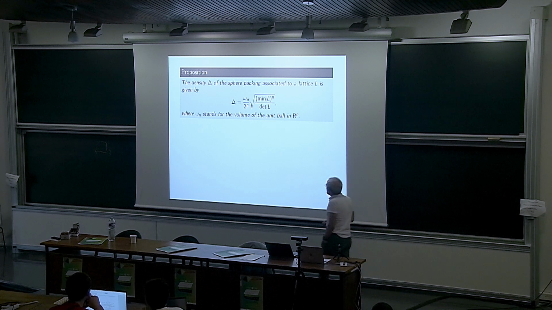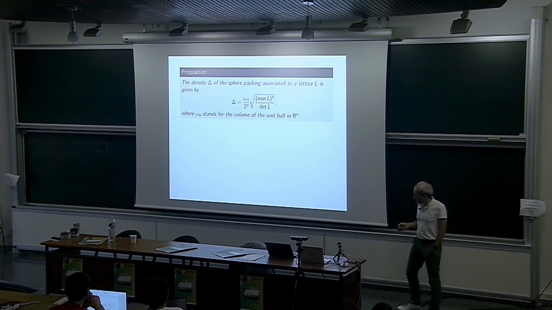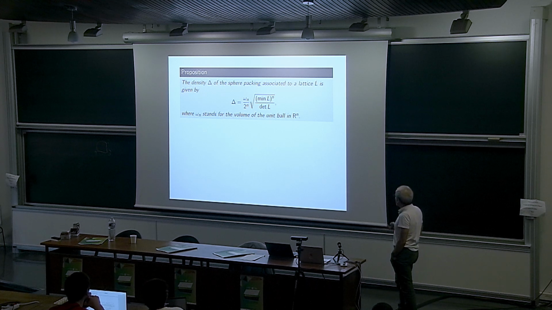It turns out that in the case of regular packings, packings associated to lattices, this density exists. And as you see, it is essentially computed by this ratio, which involves the minimum of the lattice and the determinant.